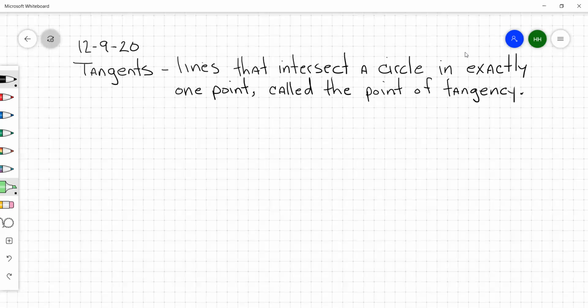All right, so if you take a circle and then you draw a line, and the line just touches this circle in exactly one point, right there, that is your point of tangency.